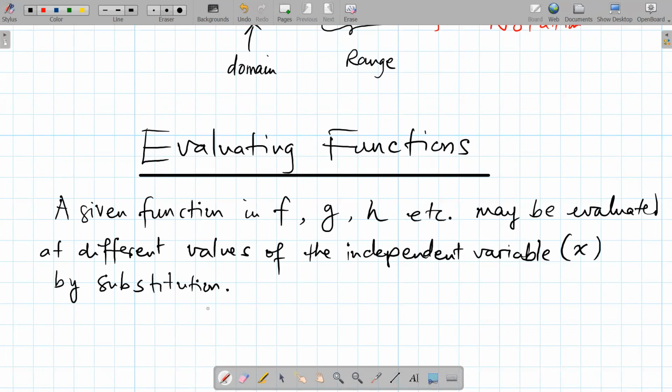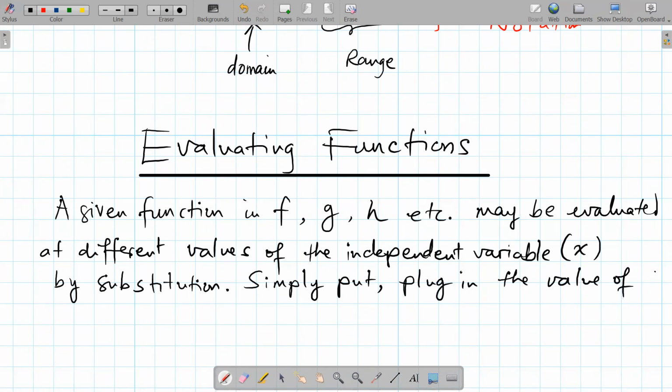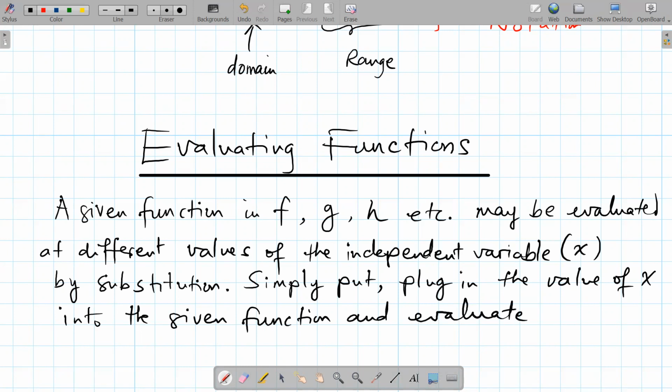And when we say by substitution, simply put, just plug in the value of x into the given function, and just evaluate. That's it.